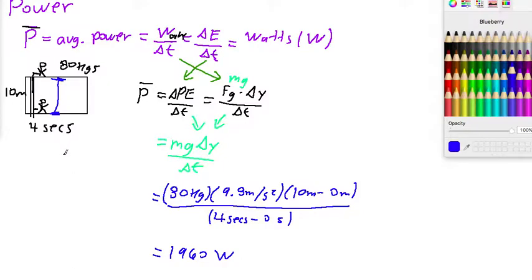Now, some questions may ask you, what happens if you reduce this time by half? That would mean cutting it to 2 seconds. So instead of 4, now it's going to be 2. Instead of x divided by 4, where x is the top, now the new one would be x divided by 2.